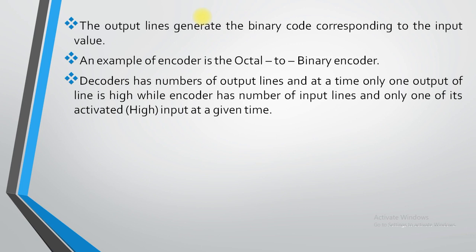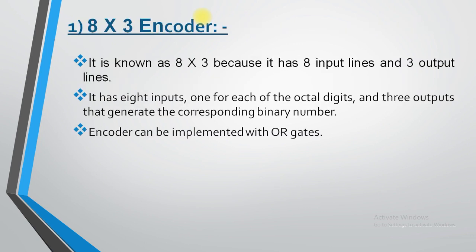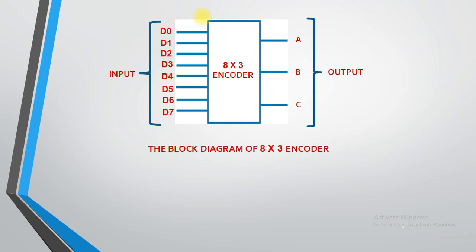Let me share the block diagram of the 8 by 3 encoder first, then I will explain the given points. See, this is the reverse operation of the decoder. In a decoder we have 8 output lines and 3 input lines. Now we need to have 8 input lines and 3 output lines.